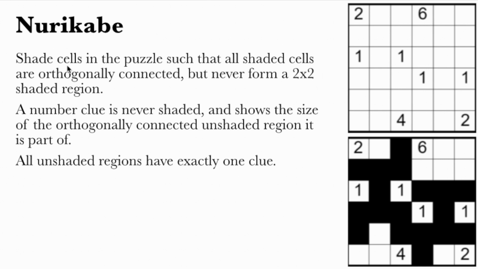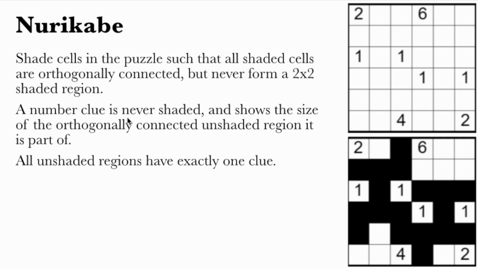We will shade cells in the puzzle such that all shaded cells are orthogonally connected but never form a 2x2 shaded region. Orthogonally connected just means sharing an edge, so vertically or horizontally connected. We can never form a 2x2 shaded region. As you can see, we don't have a square of black cells right there.